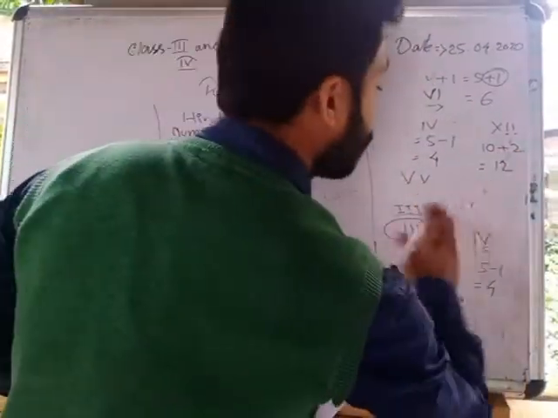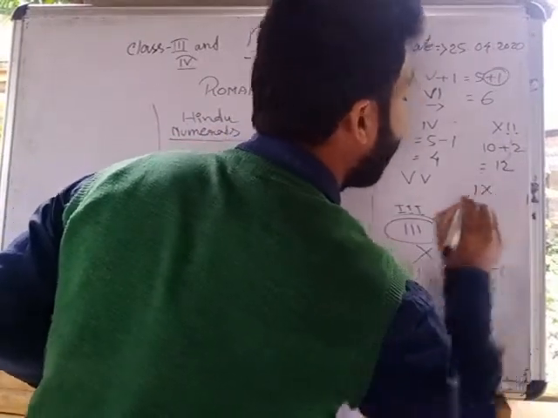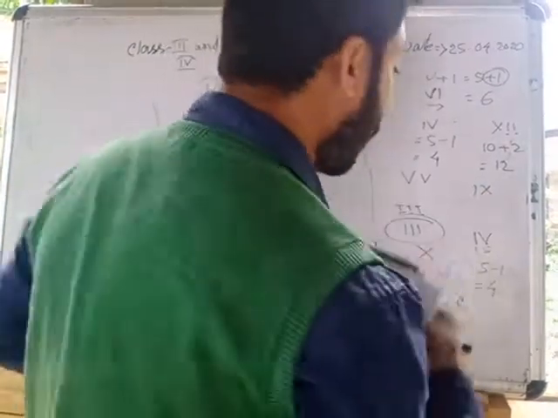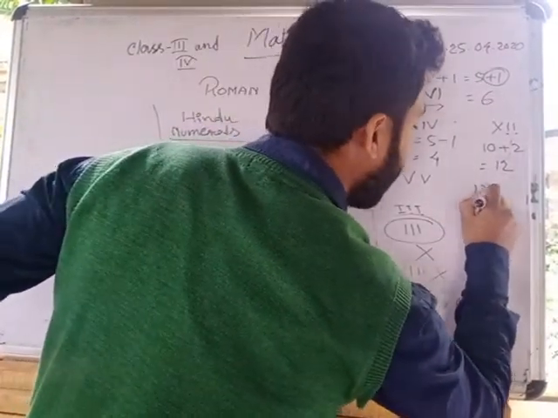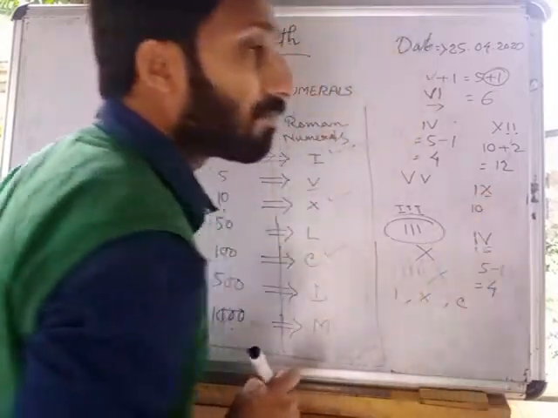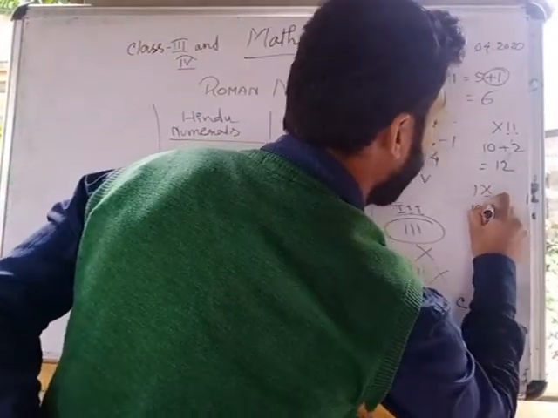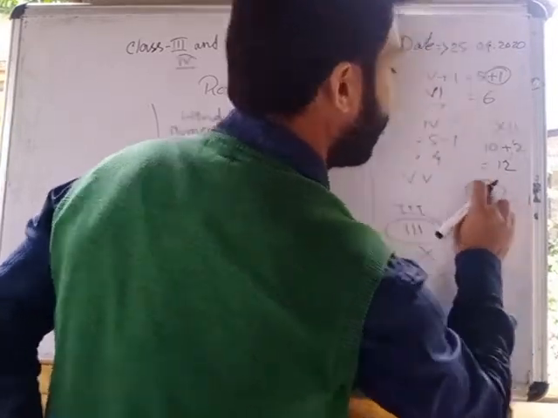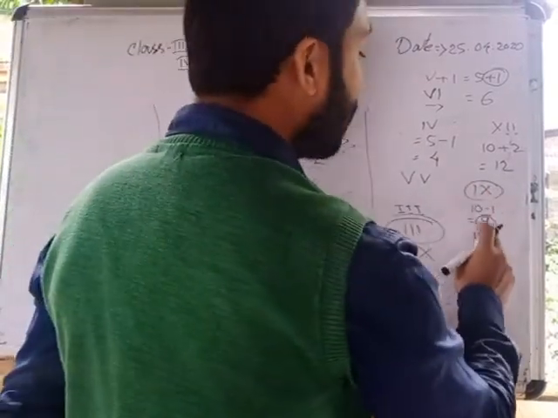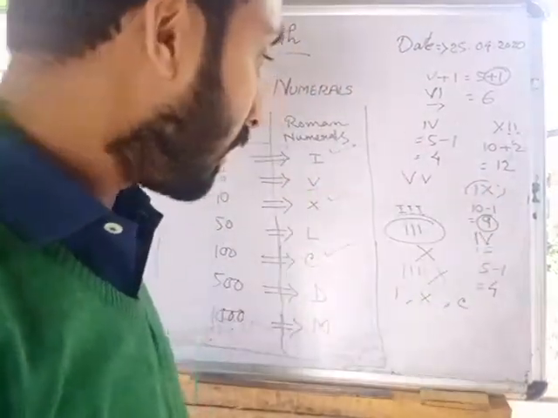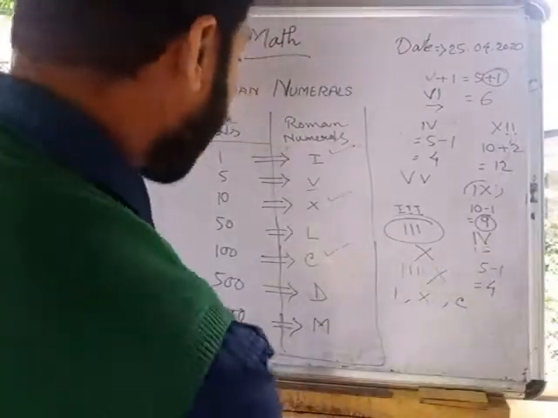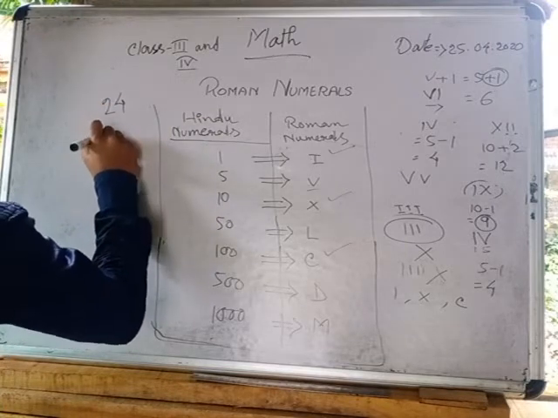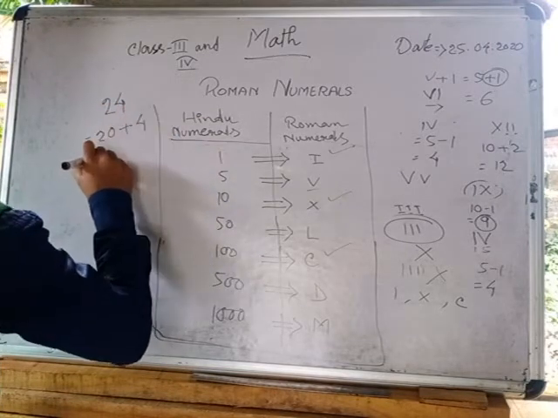If we write the smaller number before the greater number, at that time we subtract it from the bigger number: 10 minus 1 is 9. That means the symbol of 9 in Roman numerals is IX. If it is 24, we write 20 plus 4.